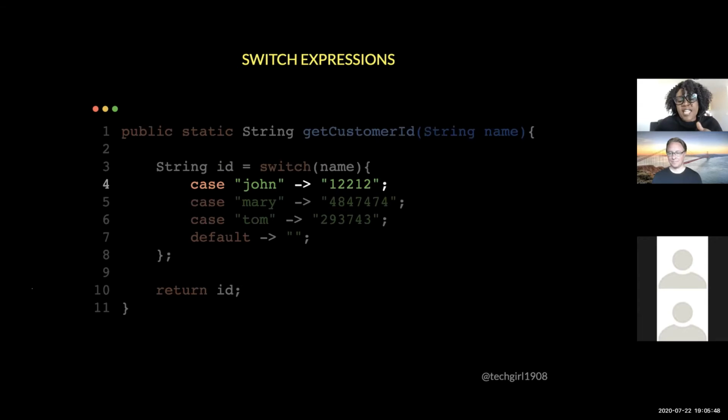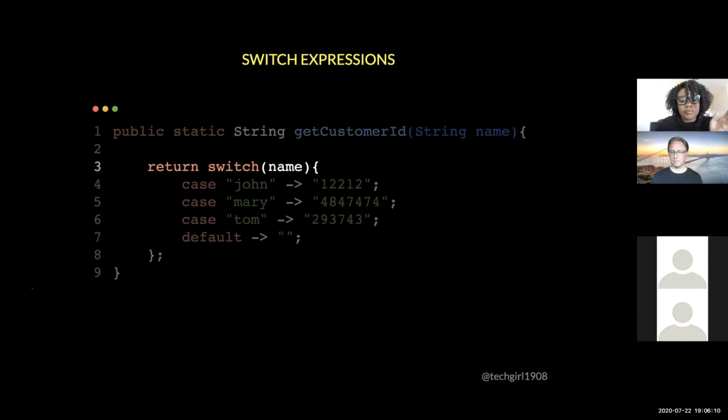And this is saying if the name is John, then assign 12212 to the variable ID. Notice I don't need a break statement. There's no fall through with switch expressions. Yay! And I can even simplify this a bit more by removing the assignment here and just returning the result of the switch expression.